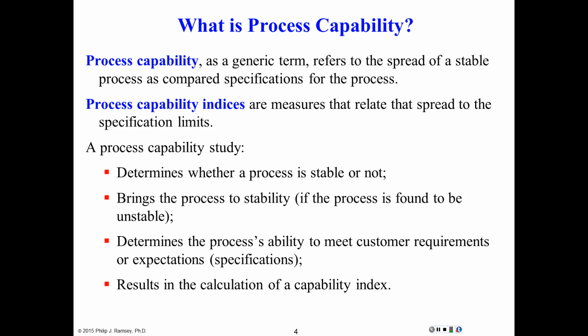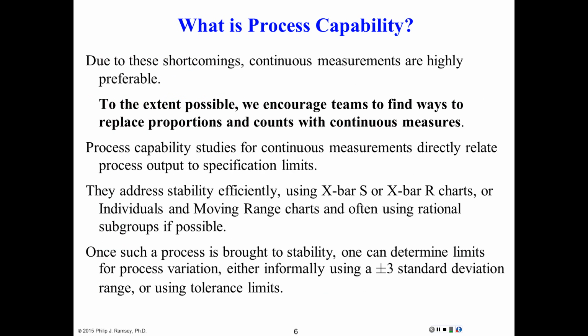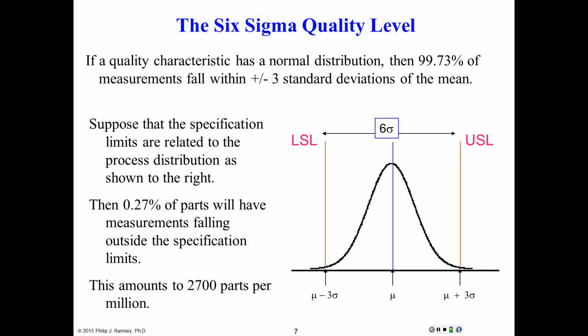So process capability studies are designed to collect data to assess capability, and it's usually done in terms of the capability indices, which I will explain. Okay. And I will mention we're only going to talk about continuous characteristics.